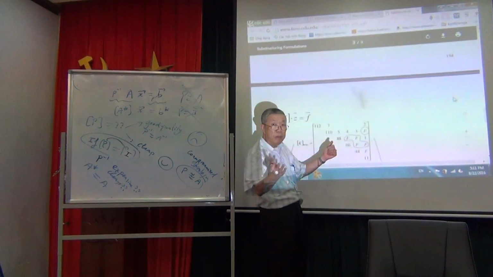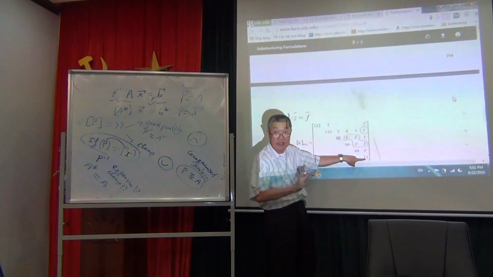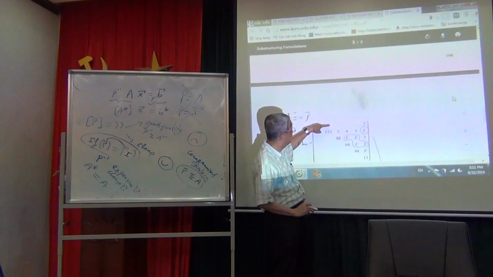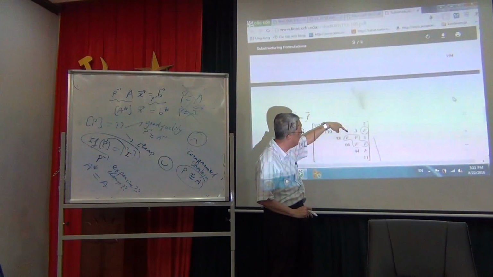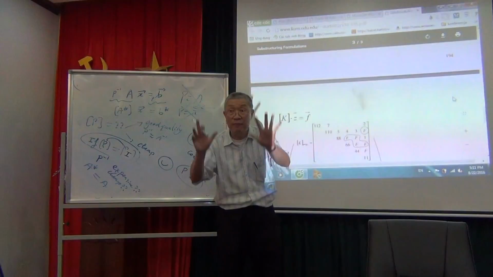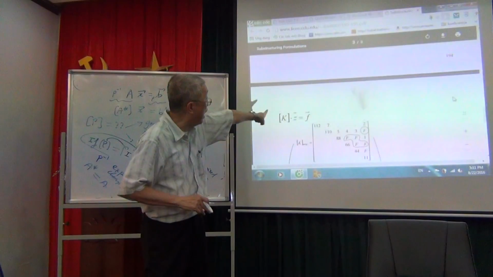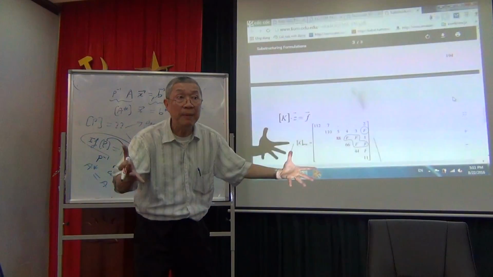In the beginning, how many non-zeros do you have? 1, 2, 3, 4, 5, 6 diagonal non-zeros, right? 7, 8, 9, 10, 11, 12. I don't count the fill-in. You have 12 non-zeros.